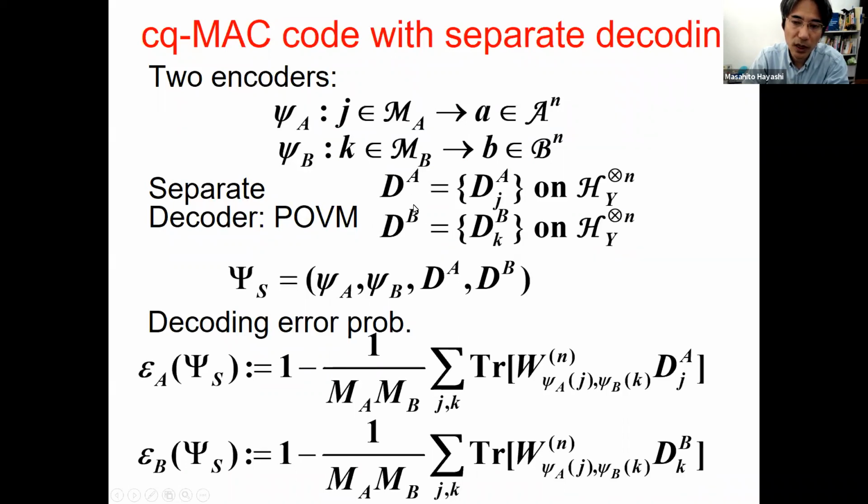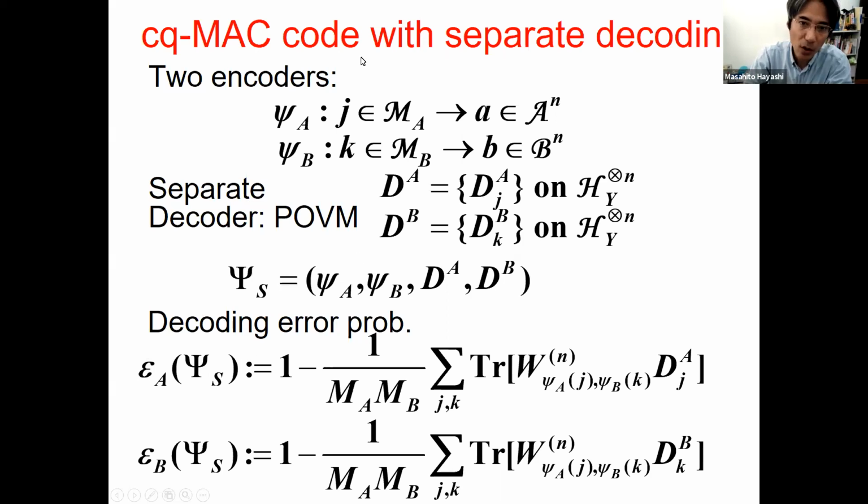So we consider two decoders in this way. Then we define two kinds of decoding error probability. Of course, in a realistic situation, we can apply only one decoder, but theoretically, it is very important to consider this problem setting.